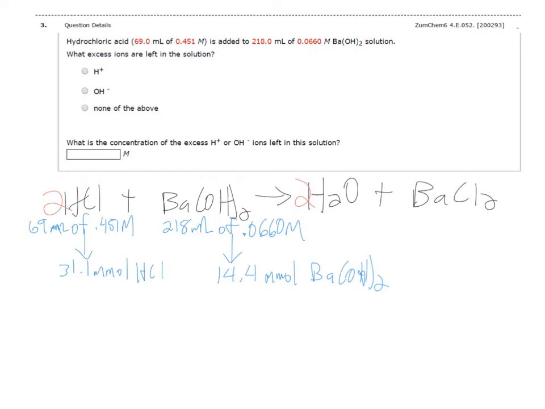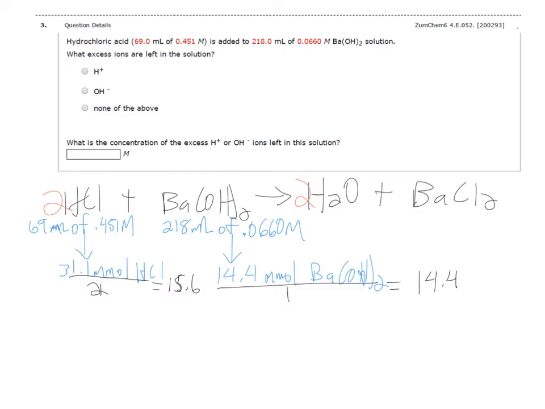To make the comparison, we'll divide the number of millimoles by the coefficient for each of the reactants. So I'll take the 31.1 millimoles of hydrochloric acid and divide by 2 to get a number that will serve as a standard of comparison with that of barium hydroxide. And in the case of barium hydroxide, we just divide by 1 because the coefficient is 1.